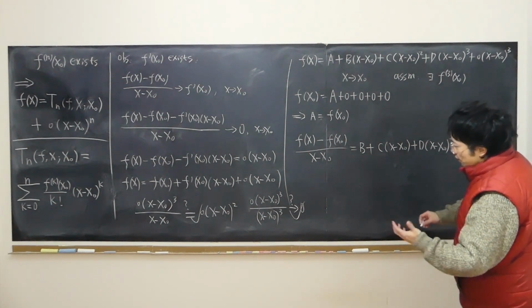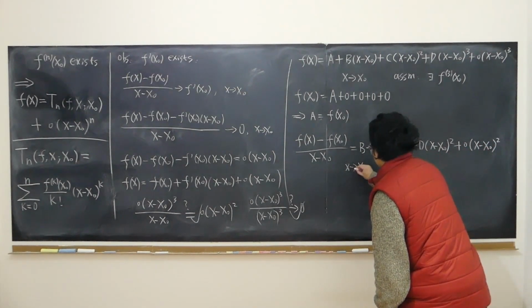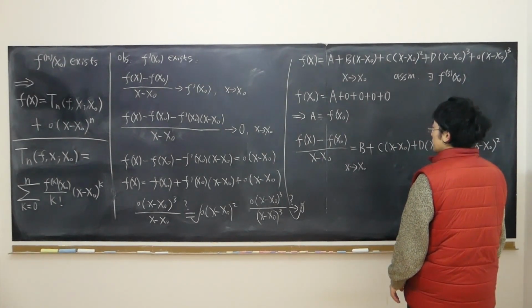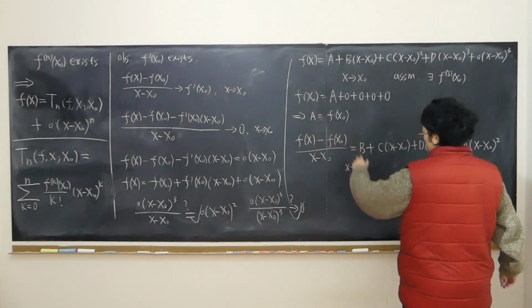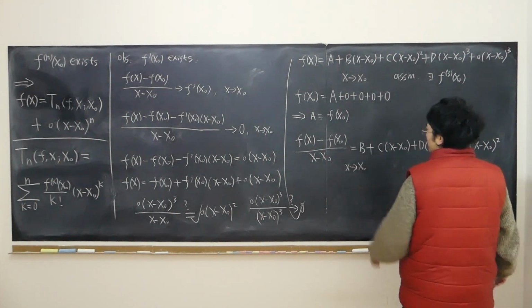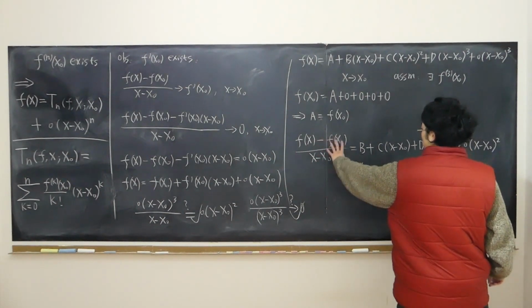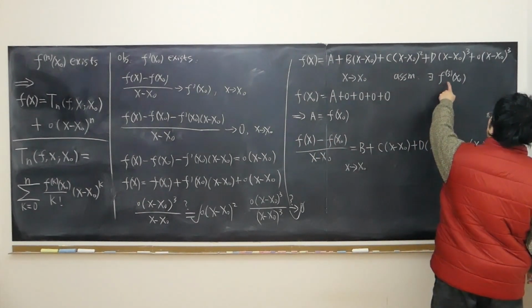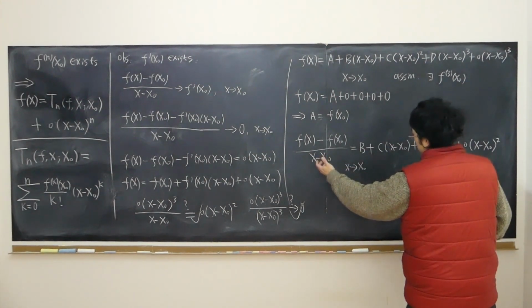Now we can do the same process. We can let x approach x naught. What will happen? Likewise here, remember, the left-hand side is the meaning of the first order derivative. Because I assume the third order derivative exists, the first order derivative of course exists.